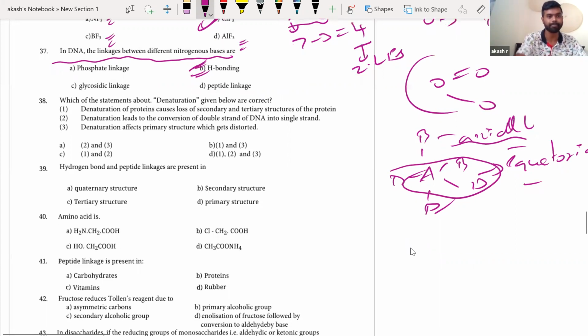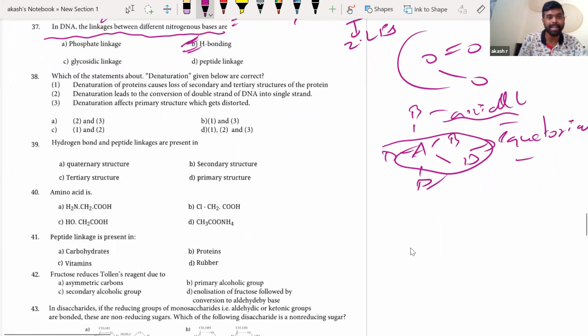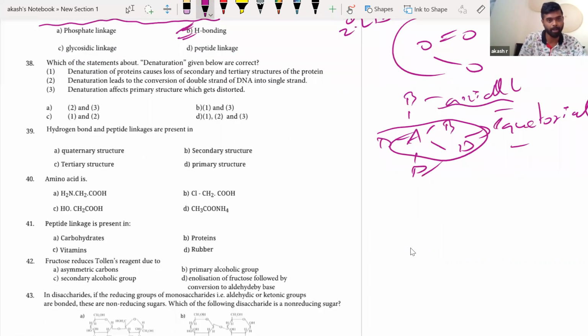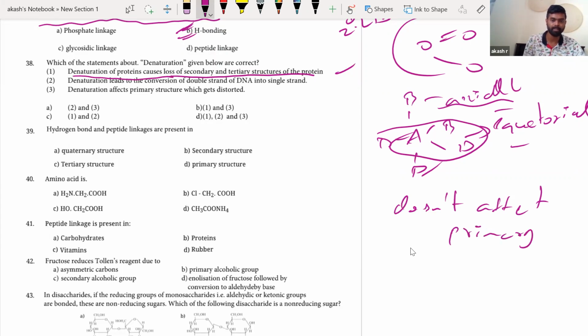Moving on. The statements about denaturation are given below. Denaturation of protein causes the loss of secondary and tertiary structure. Yes, right. Please understand, denaturation does not affect primary structure.